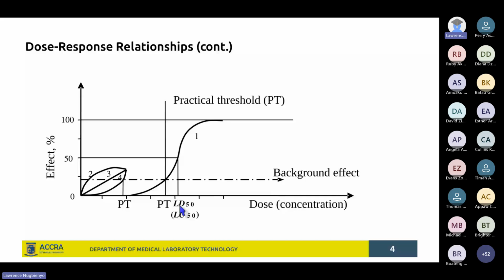So 50 means 50%. 50% of the animal models used to study the toxicity will die at that dosage.